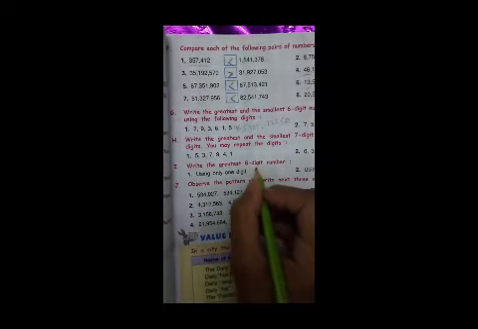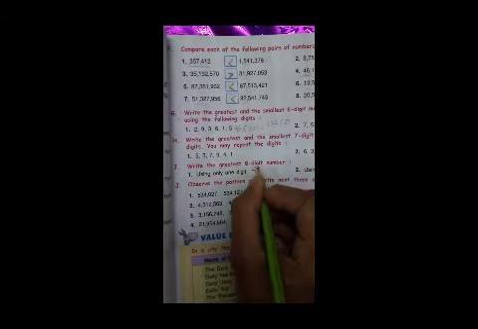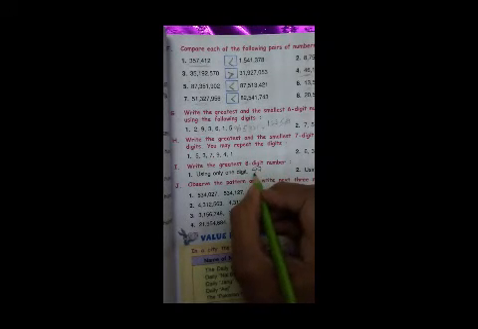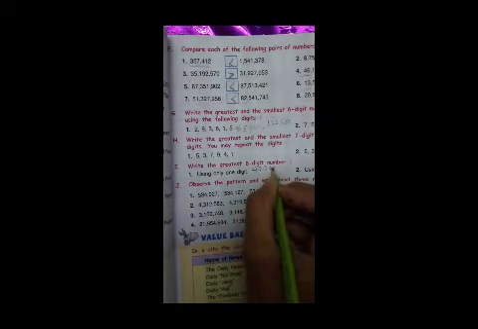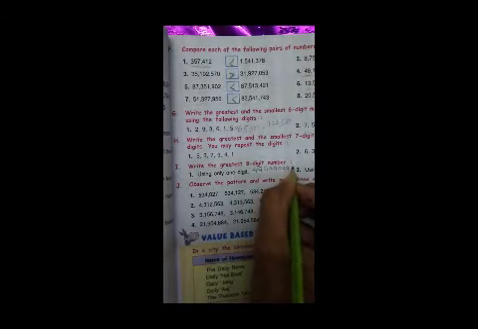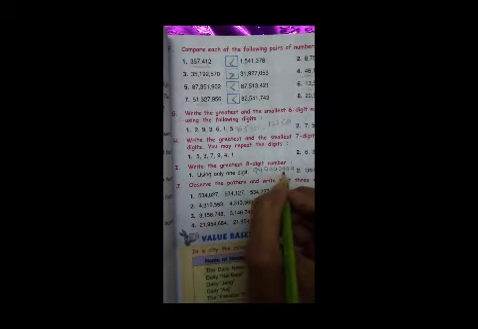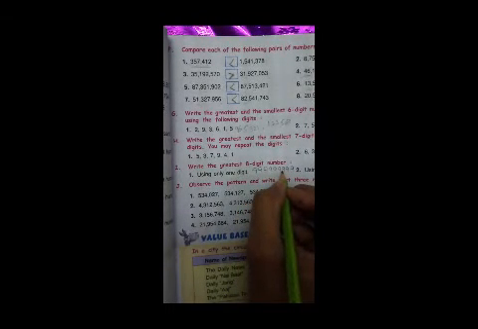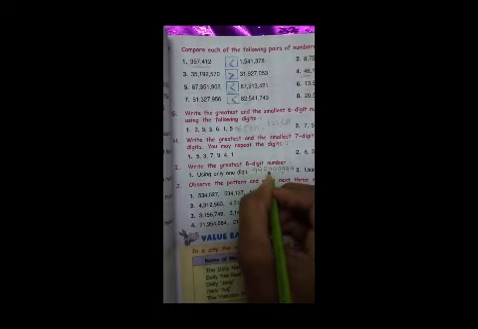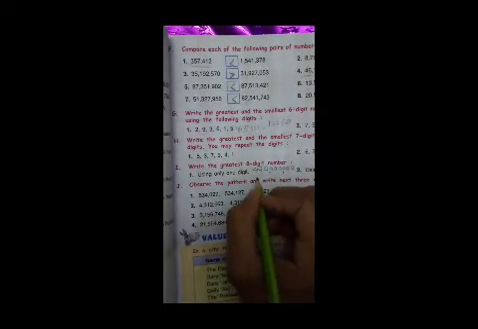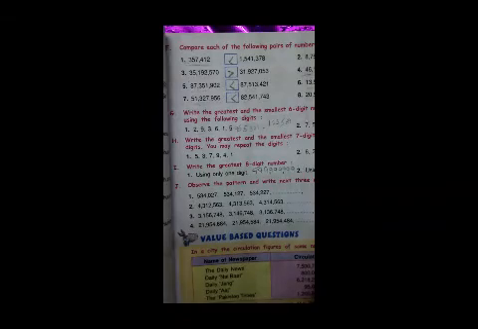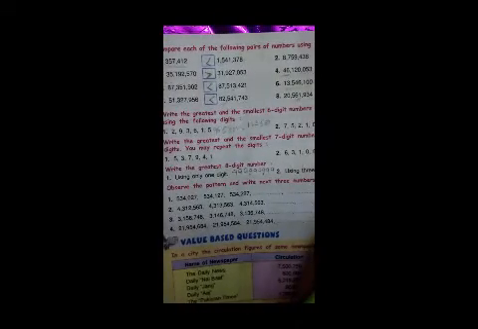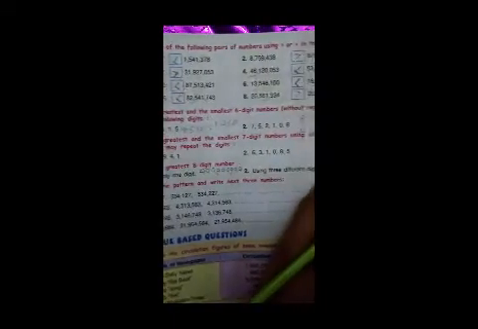So you have to write here 9, 8 times: 1, 2, 3, 4, 5, 6, 7, 8. Now by putting the commas in correct position, this is your greatest 8 digit number, and I have used here just one digit, that is your 9.